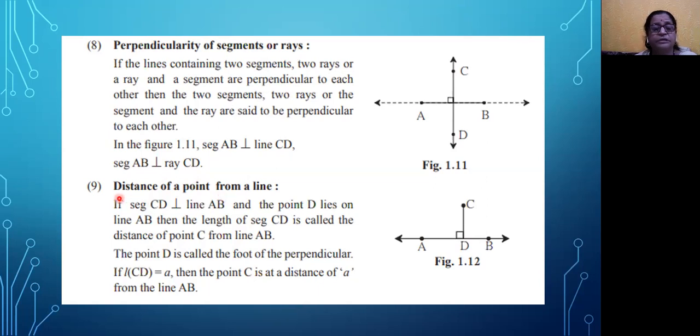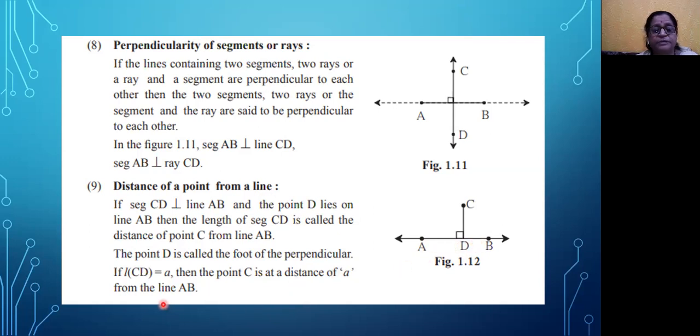Then we are going to study the distance of a point from a line. This is line AB, and CD is another length taken from point C to the line AB. CD is the distance from line AB.